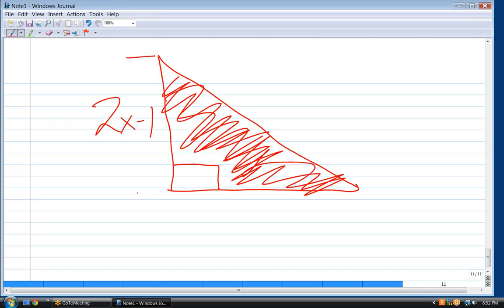From there to there, from here to here, and this square hot tub we'll say is 2x and x.